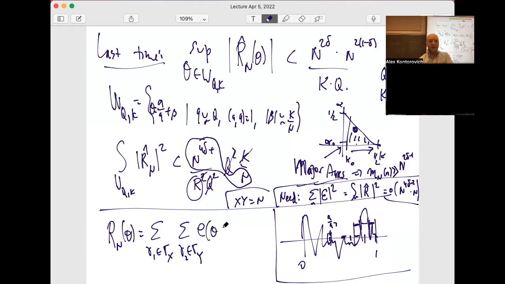This is e to the 2 pi i theta v gamma 1 gamma 2 v. Nick's question was, why is it allowed to change R n theta from the original one? We've changed the multiplicity. This is the Fourier transform, so we've changed the meaning of the multiplicity function.